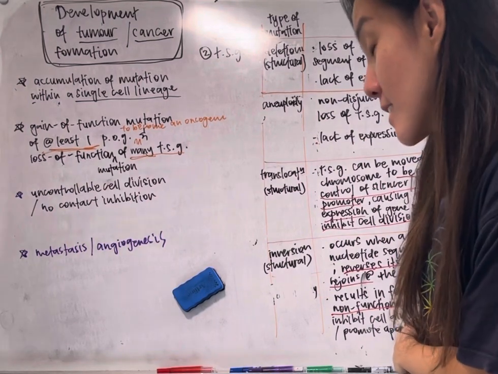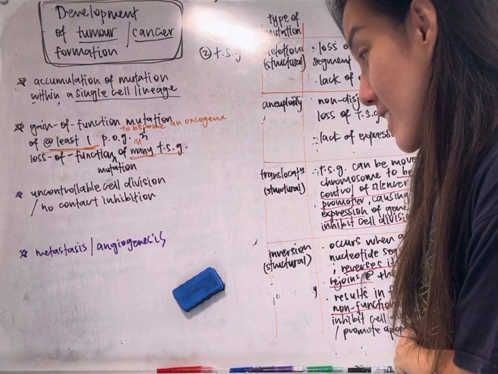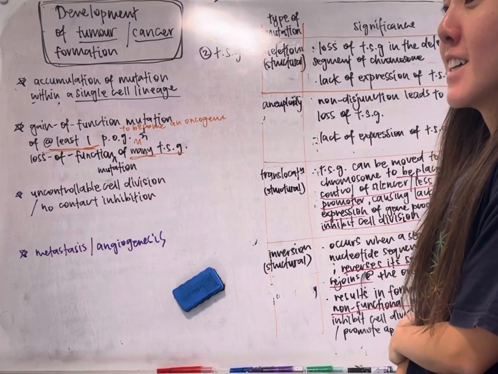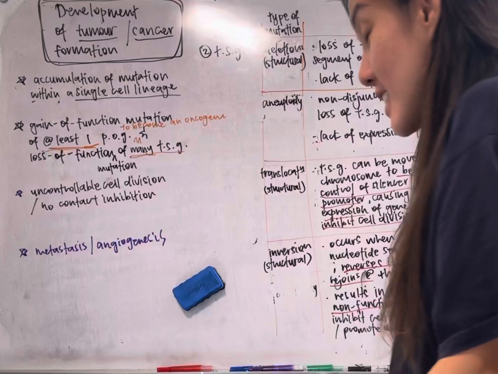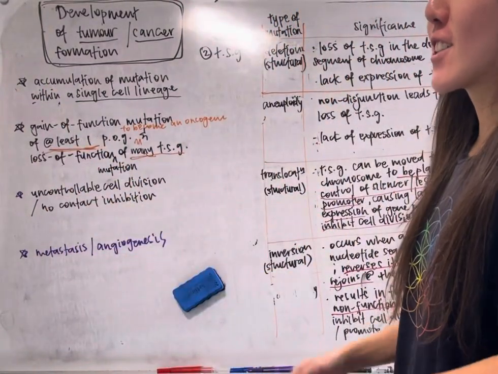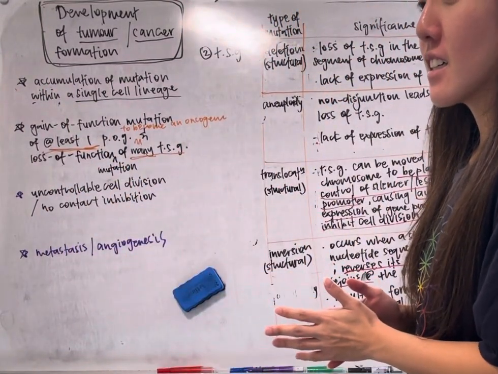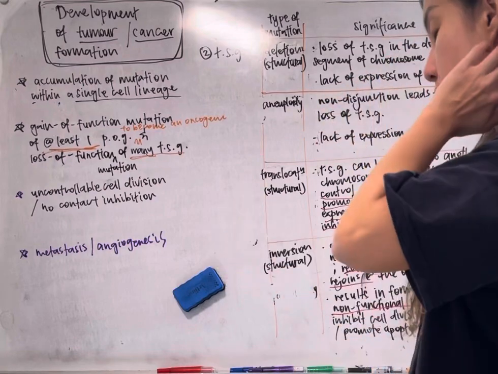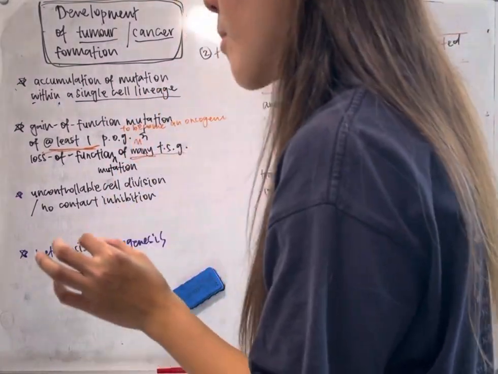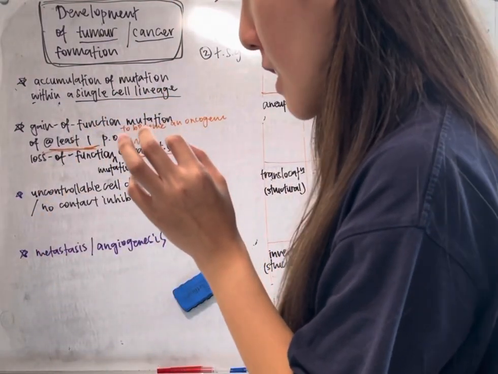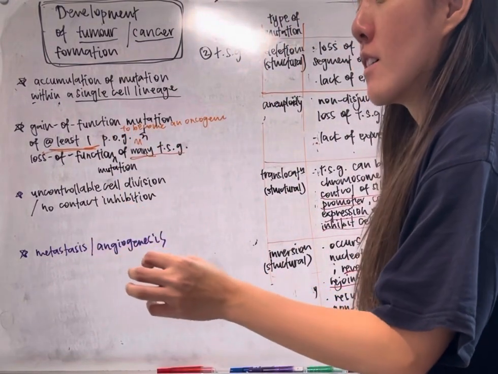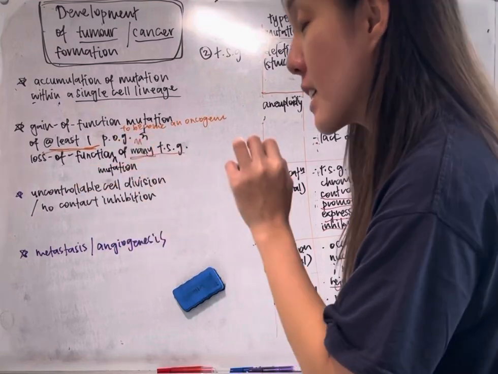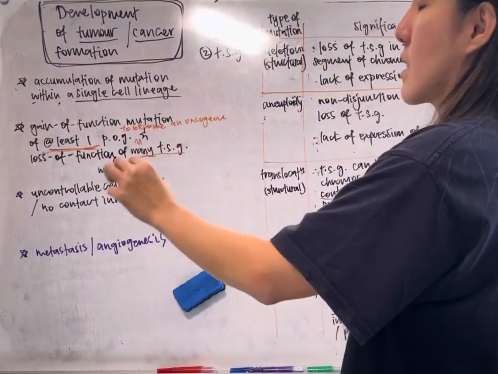Contact inhibition means when they grow and touch, they stop dividing already. So cancer cells have no contact inhibition, but normal cells have. Okay, stem cells also have contact inhibition.